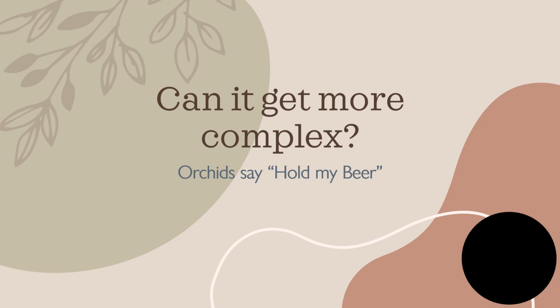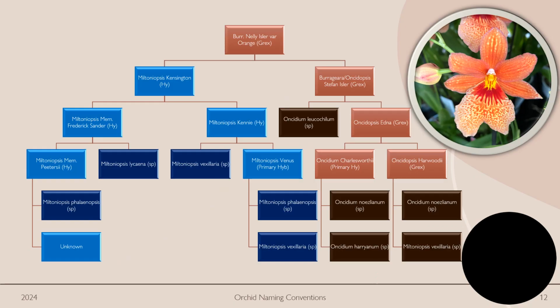Well, can it get more complex? You bet. Orchids say, hold my beer. In this slide, we have a lovely picture of a quite common orchid hybrid or Grex that you will see in a lot of garden centres and on online nurseries.